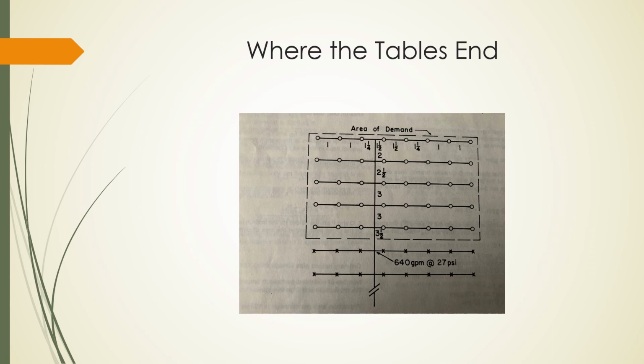What we're looking at is where the table ends. So you'll see that there's an arrow and it says 640 at 27. What it's saying is that those numbers provide water to those sprinklers that are within that dashed area. Now I'll explain in some of the upcoming presentations what that area of demand within that cross-section area means, and we'll get into the whole concept of density.